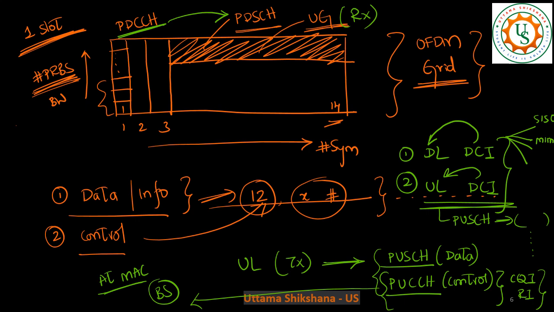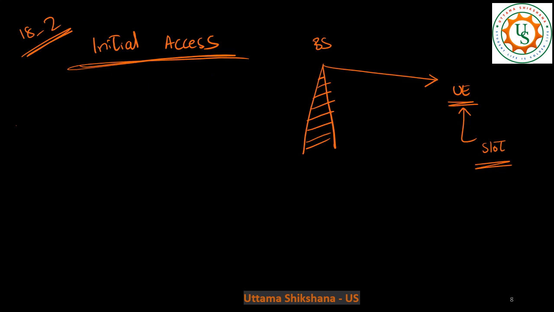But now, we are talking about initial access. Initial access is, for example, when you switch on the UE for the very first time, during the initial stages, it is trying to access the base station, it is trying to connect to the base station. That's why it is called initial access.